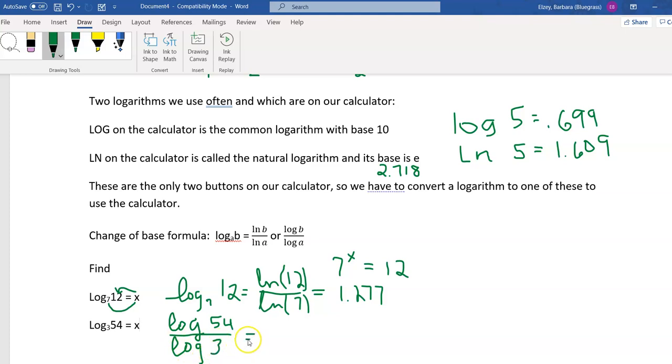And if I stick this into my calculator, it gives me 3.631. And there we have it.